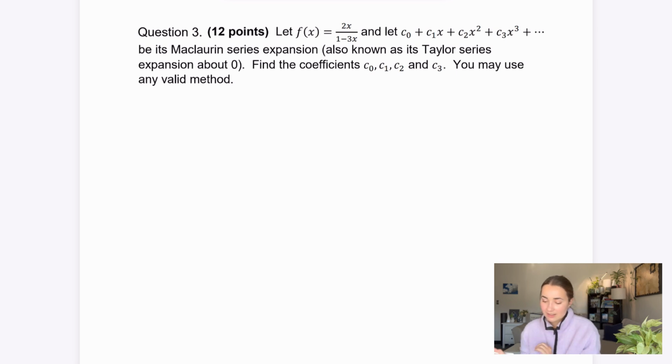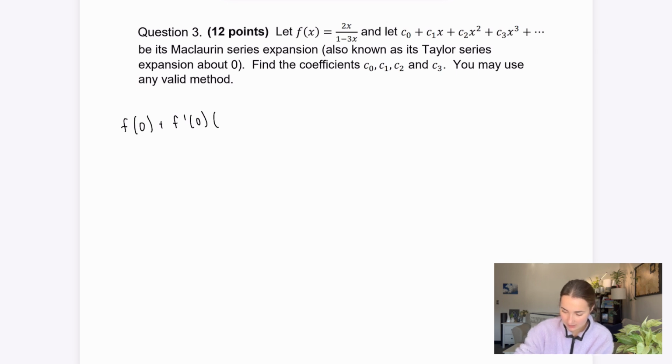Okay, so we have given the function 2x over 1 minus 3x. We want to go ahead and find the coefficients of the Maclaurin series expansion. And we can use any valid method. So normally, what is the Maclaurin series? It's going to be f of a. In this case, it's going to be x is equal to 0 plus the first derivative times x.